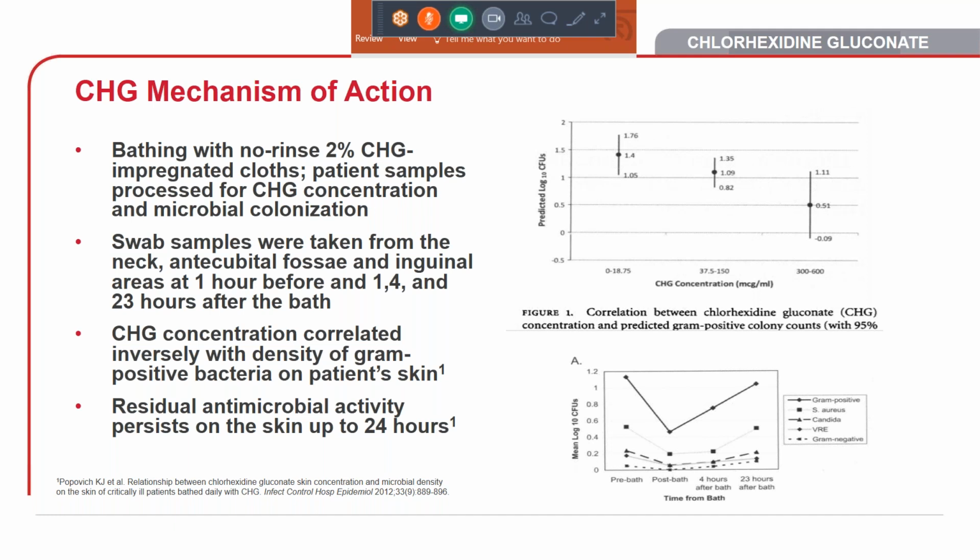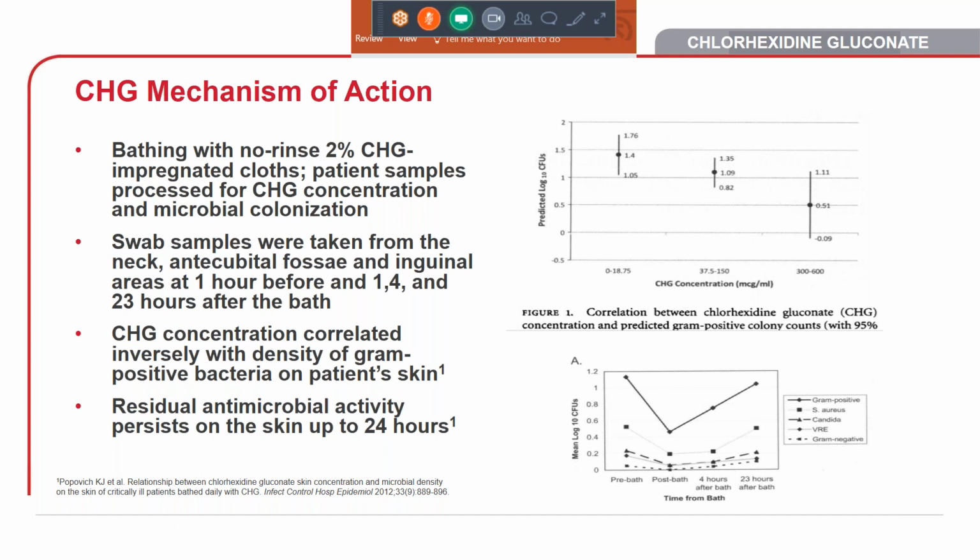During this study, bathing with no rinse 2% chlorhexidine impregnated cloth was utilized, and patient samples were processed looking not only at chlorhexidine concentration, but also microbial colonization. The authors studied aspects of chlorhexidine skin cleansing by means of a colorimetric semi-quantitative chlorhexidine indicator test.